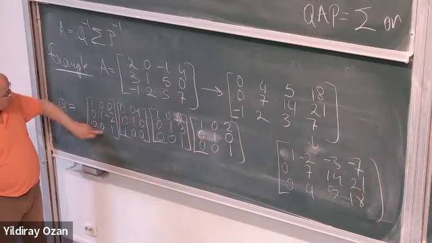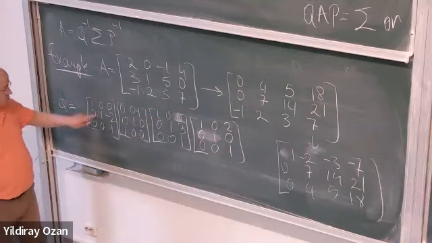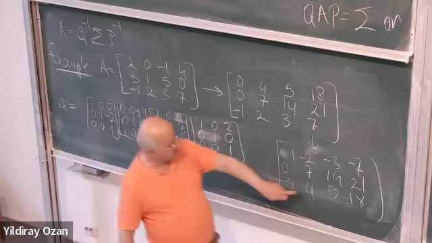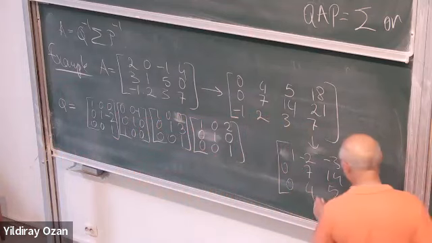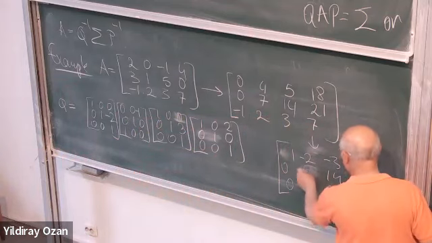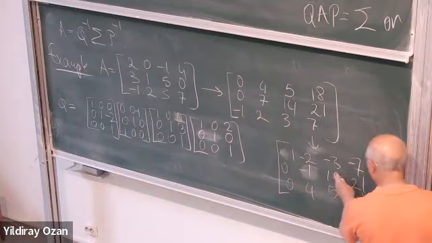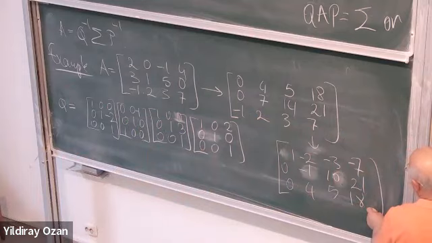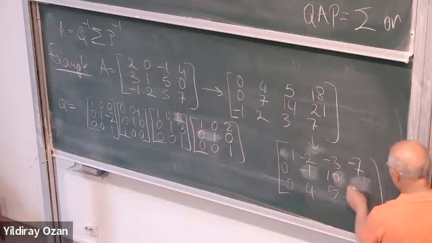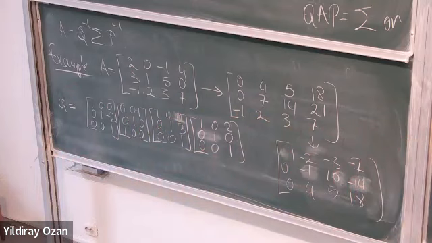I get minus 1 here, then 10, then minus 36, minus 15, minus 14.